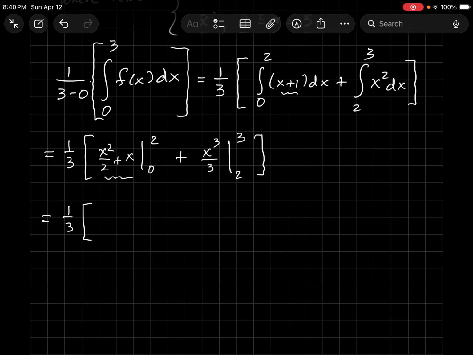We plug in the top limit, 2 squared over 2 plus 2 minus, plug in the lower limit of 0. And then plus, we'll do the FTC part 1 on this piece, which says plug in the top limit, 3 cubed over 3 is 9, minus, plug in the lower limit, 8/3.